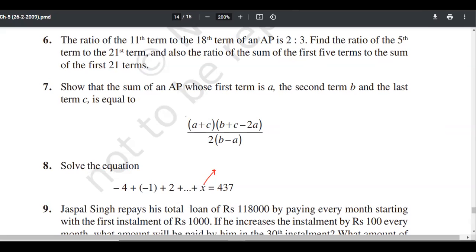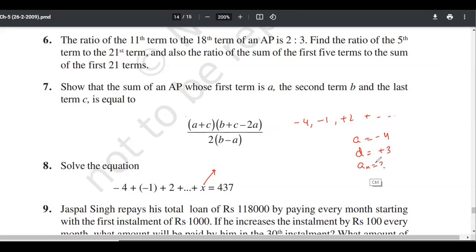So x is equal to 50. Okay, x is equal to 50. -4, then -1, then +2, and so on. So actually you find that A is equal to -4, D is equal to +3, and the nth term you need to calculate.